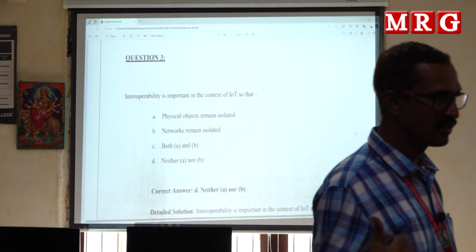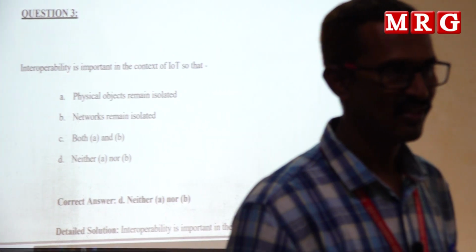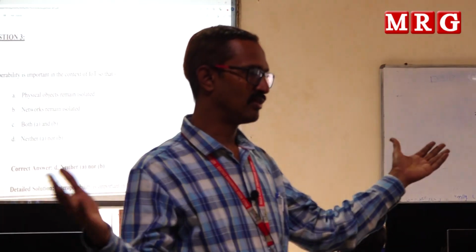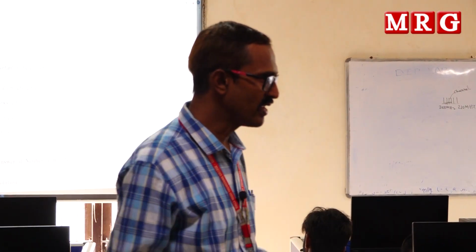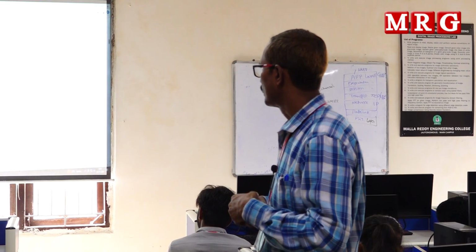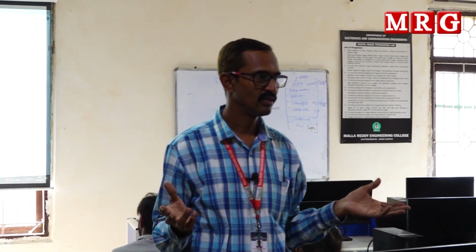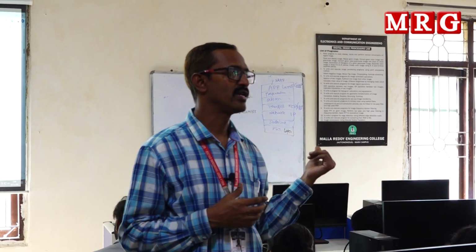Are we isolating? No, we are connecting. He is telling the reverse. We are connecting, he is saying isolating. Isolating means separating. Is it separating? We are connecting objects, we are connecting devices. So that is not correct. Networks remain isolated? All these local area networks are connected to wide area networks, are they isolated? They are connected, but he is saying isolated.